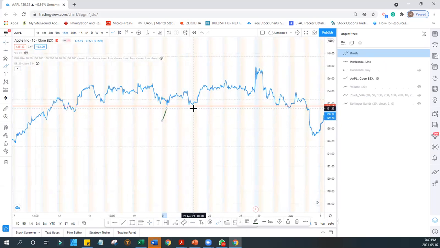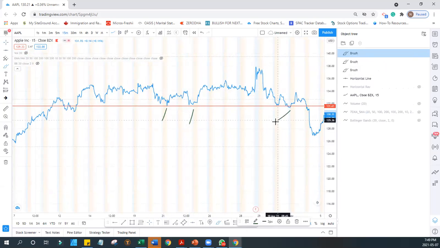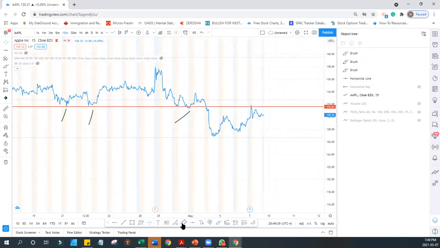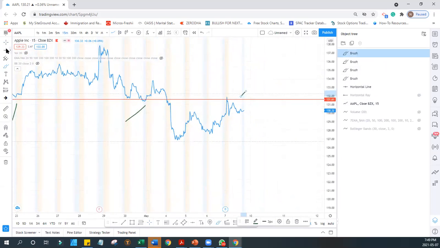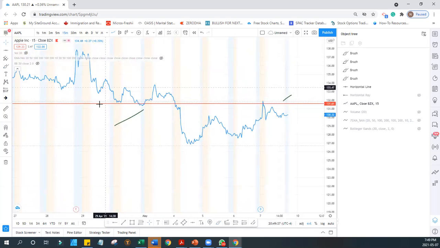This is not the perfect support and resistance, but if I want to draw it for the first time, can I draw it like this, where it's taking a support? On an average, it's taking a support, or it's taking a resistance on an average, right?